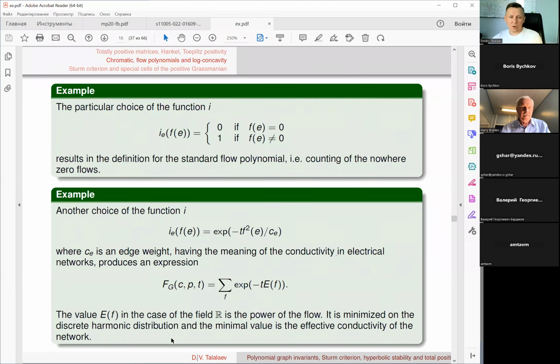There is another choice of the function on edges, which is given by this formula. Here is the value of the flow.